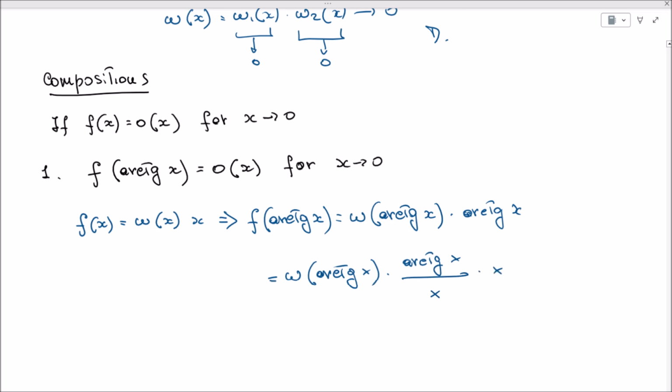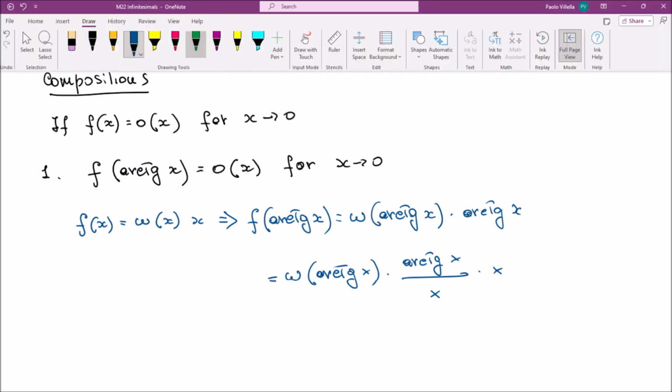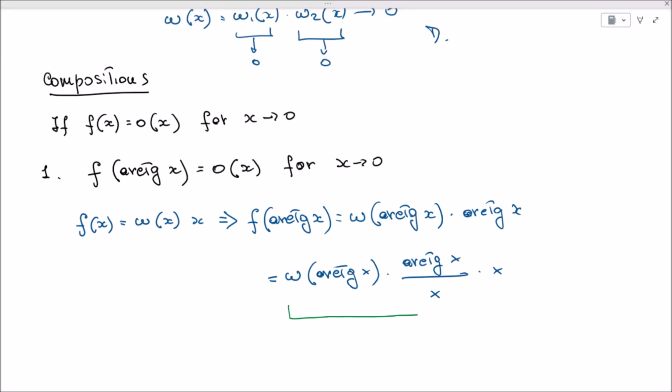And we see now that these two terms, let me call this omega 1 of x. Now we have that f of arc tangent of x has been expressed as the product of omega 1 of x times x.